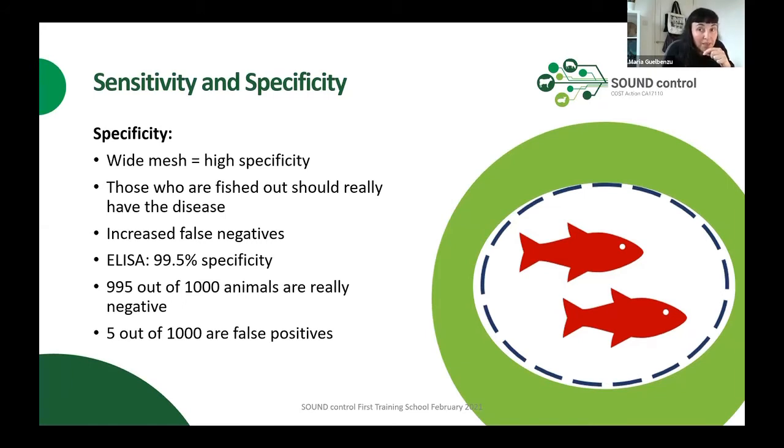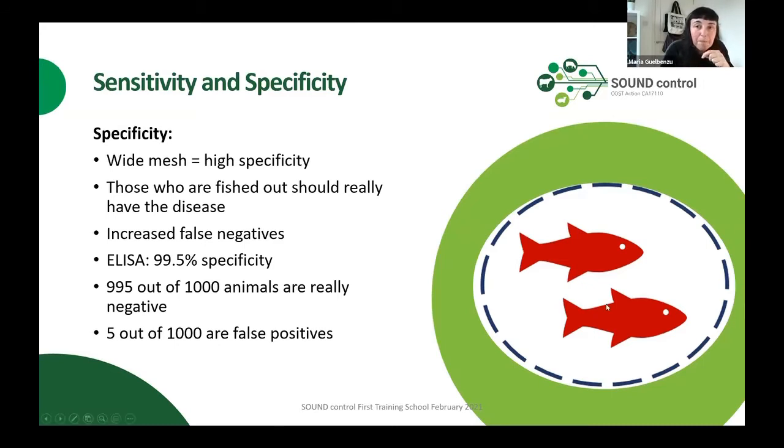false positives. And we're still going to explore this a little bit more in terms of the cutoffs, because sensitivity and specificity, when we have these continuous variables results, they are really very much related.